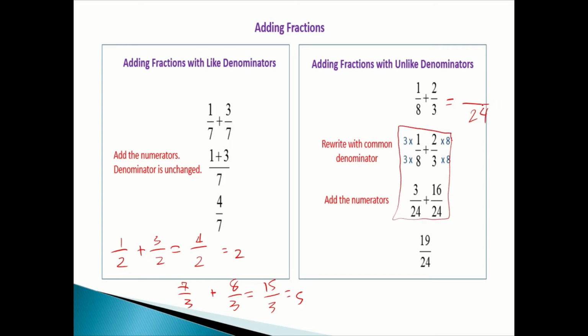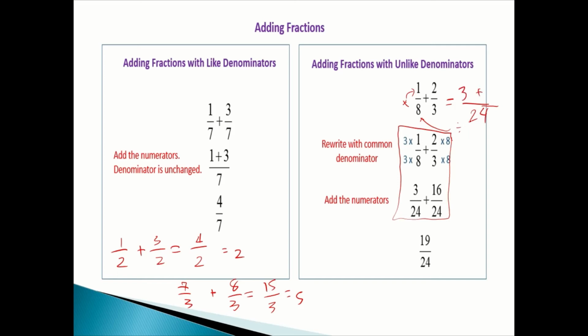Okay, so this is a different process. But looking at my process, we can also do it like this. 24 divided by 8, and after you divide it by 8, you multiply it by your numerator. So 24 divided by 8 is 3, times 1, 3.